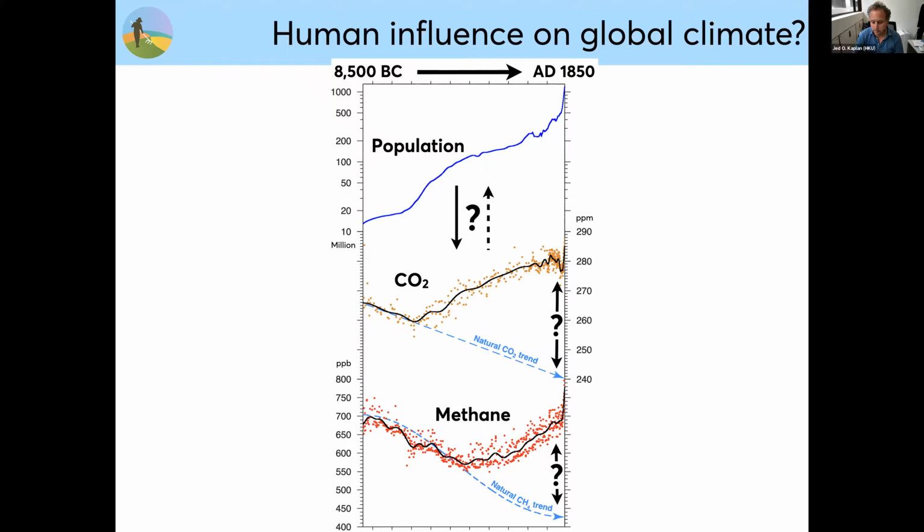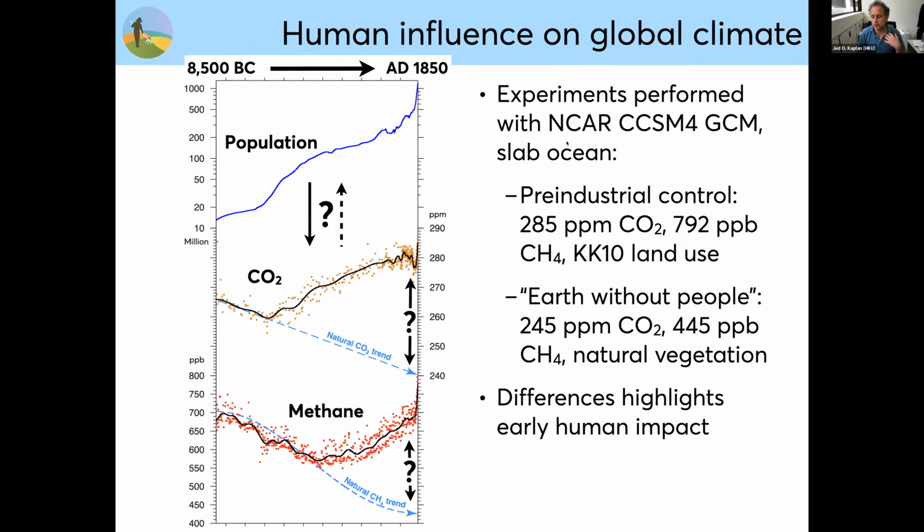In order to do that, we did different scenarios with computer simulation models, where we ran a model with the Earth we had in 1850, and we contrasted that with the Earth that we might have had if people hadn't been present on the planet, with lower carbon dioxide concentrations, with lower methane concentrations, and without any deforestation.